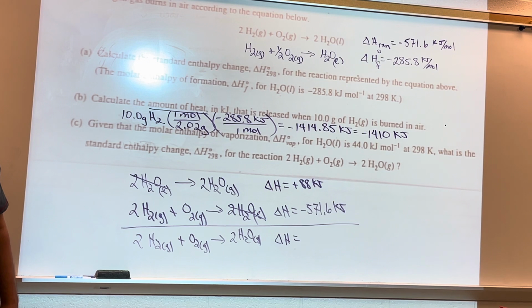We split the sign for the 285.8 when we kept it. We kept it the same way, we flipped the sign. Okay? I'm telling you, you're going to have to be watching me here, because I've been making all kinds of boneheaded mistakes.